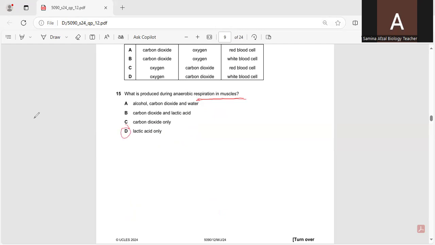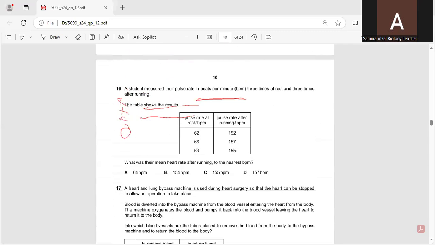So D is the correct option. Alcohol, carbon dioxide, and water are produced as a result of anaerobic respiration in yeast. Carbon dioxide and lactic acid is not correct. Carbon dioxide only is again not the correct option. So D is the correct option, because lactic acid is produced when our muscles respire anaerobically.